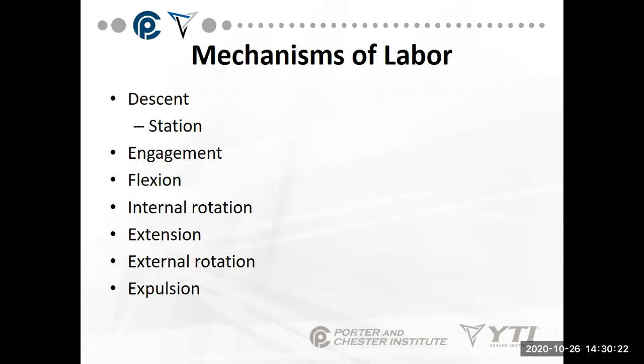Engagement can occur before the onset of labor in a woman who has not previously given birth, which we call nullipara, meaning never gave birth. If the woman has had a previous vaginal birth, or multipara, engagement may not occur until well after labor begins. So it depends on how many babies you have. Then you have the flexion.